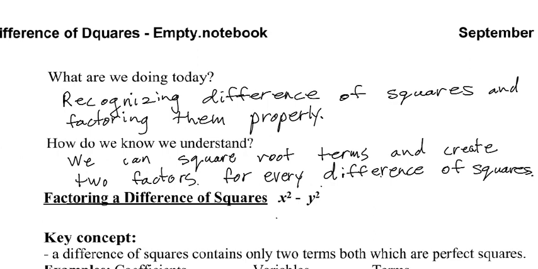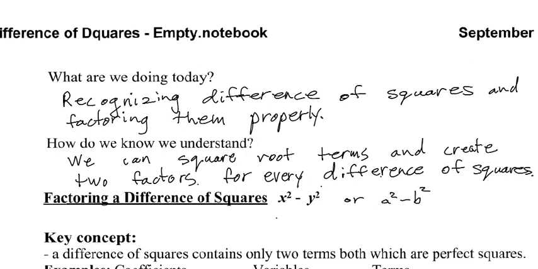So, what you need to understand is that every difference of squares looks something like this: x squared minus y squared, or something like this: a squared minus b squared.